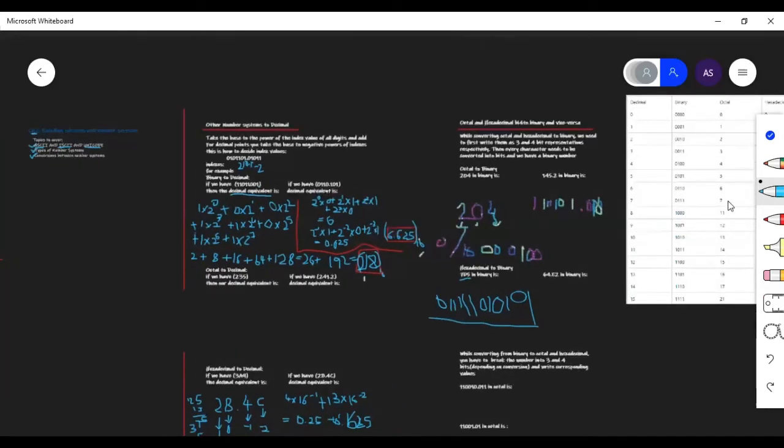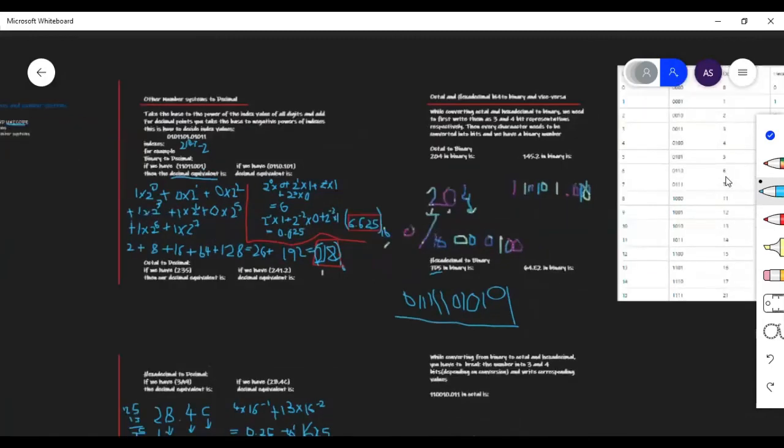Now you just have to keep the same procedure. So 6 will be 0110. 4 will be 0100. And E is the second last, so I'm just going to use this one, 1110.